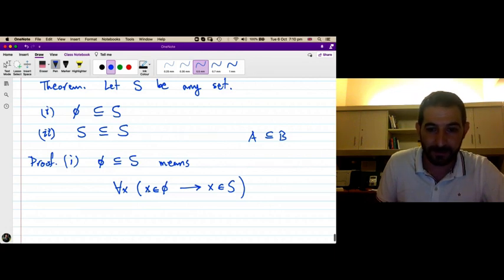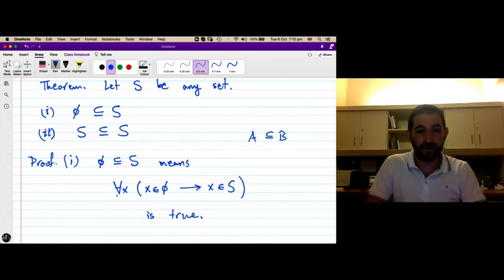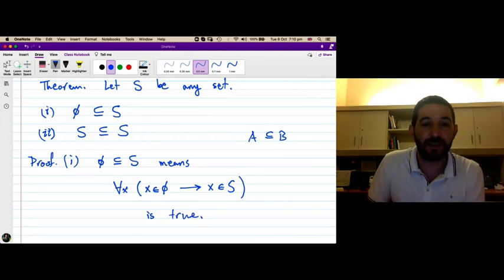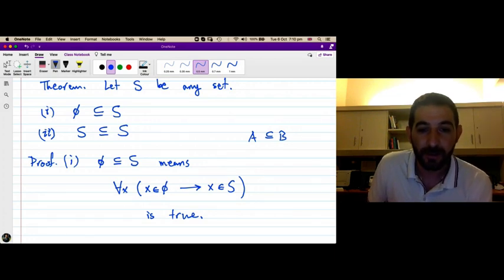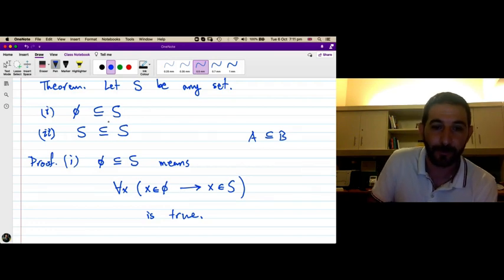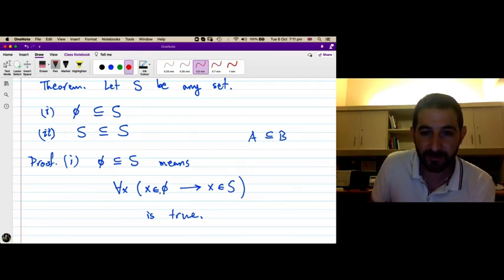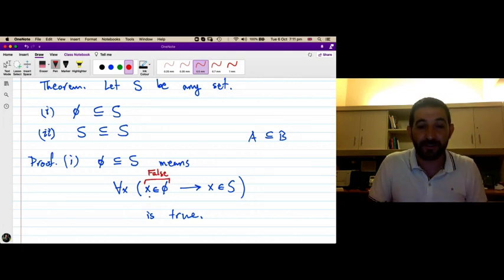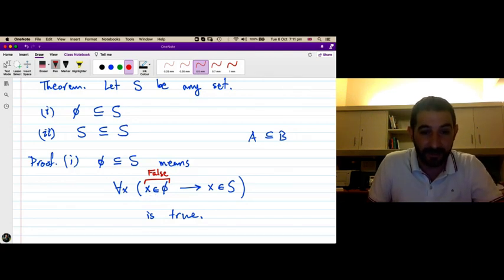Let's see that this statement is true always. Why? This is a universal quantifier. It means choose any arbitrary object you want. Now look at the hypothesis. This is a conditional statement. The hypothesis says that the object X belongs to the empty set. This statement is always false, because the empty set contains no elements.